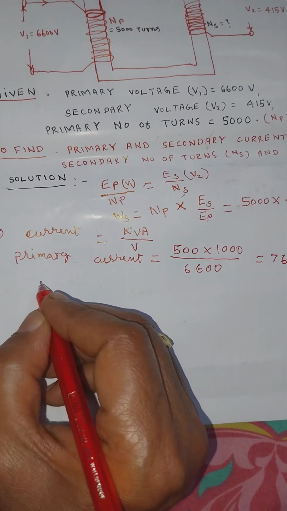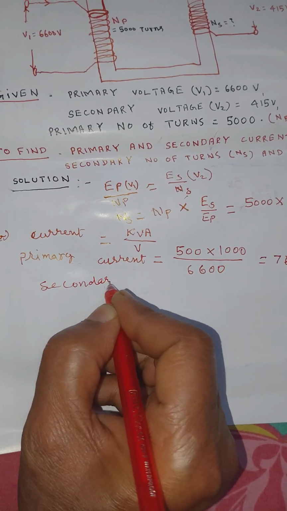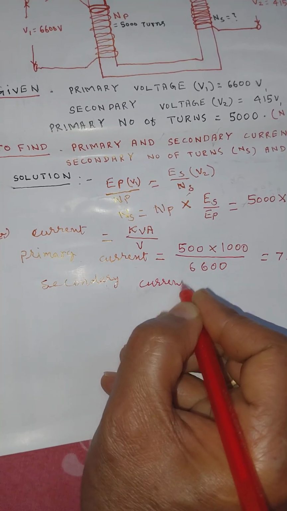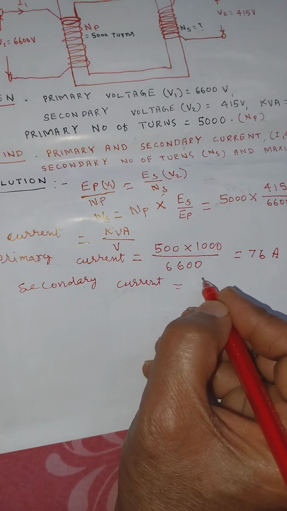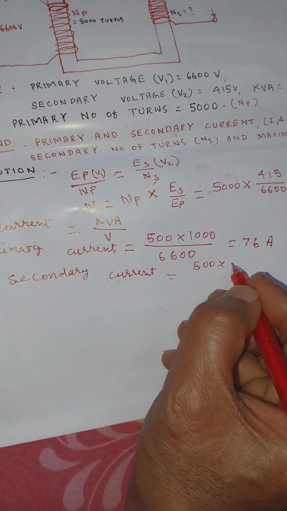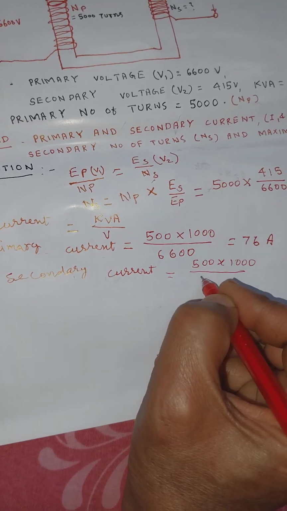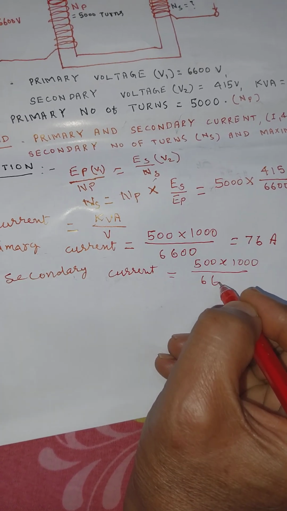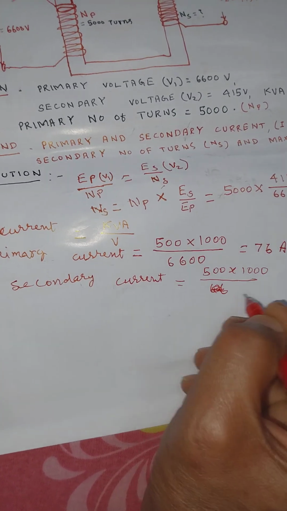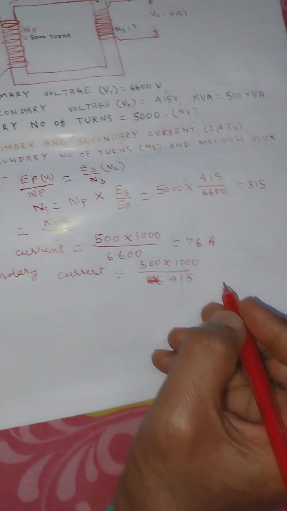This is a single-phase transformer. And secondary current is equal to 500 into 1000 divided by 415.